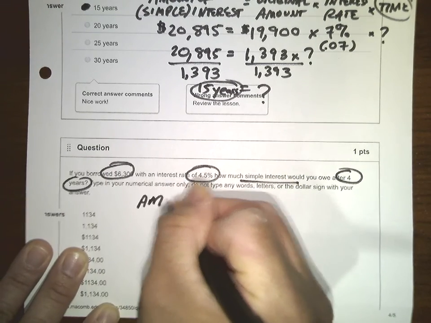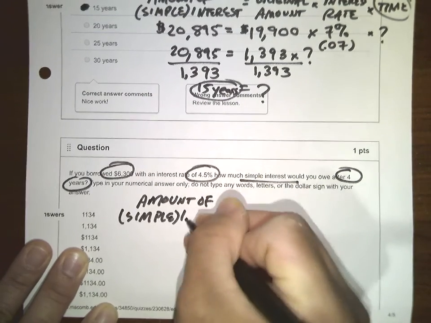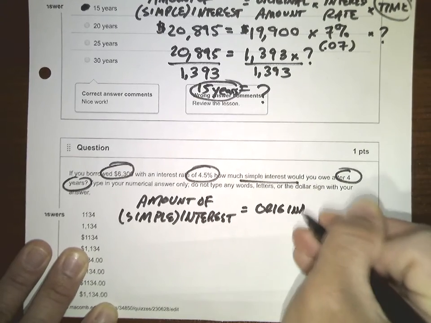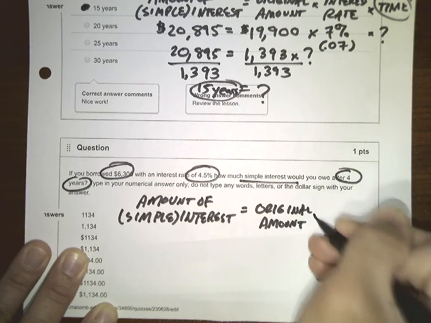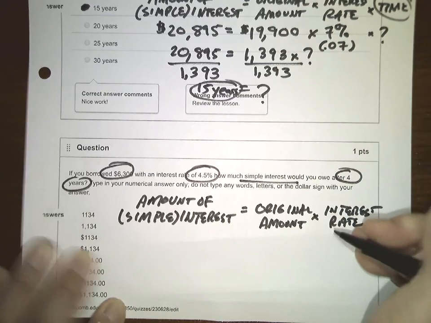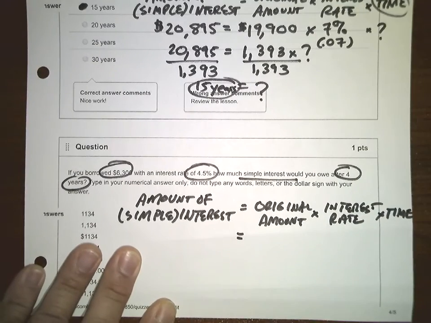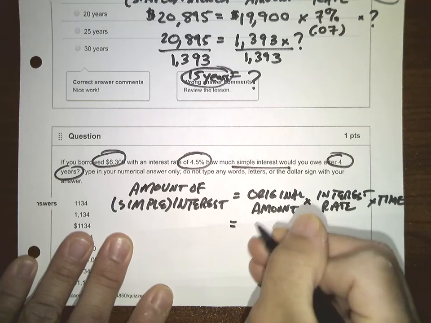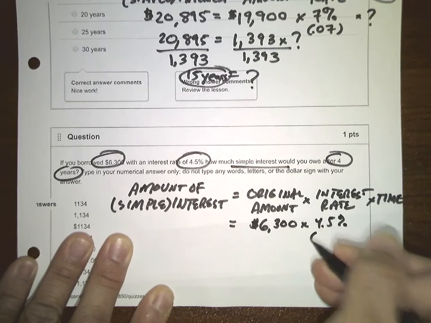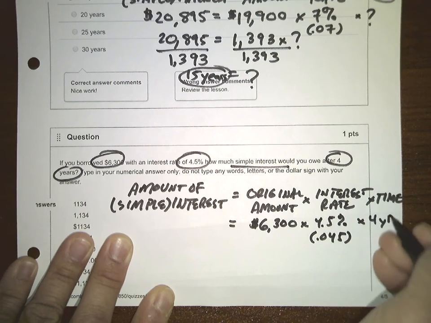So the amount, again, of the simple interest is going to be the original amount times the interest rate times the amount of time. So you know the original amount that was borrowed was the $6,300. The interest rate 4.5%, or as a decimal 0.045, and the time was 4 years.